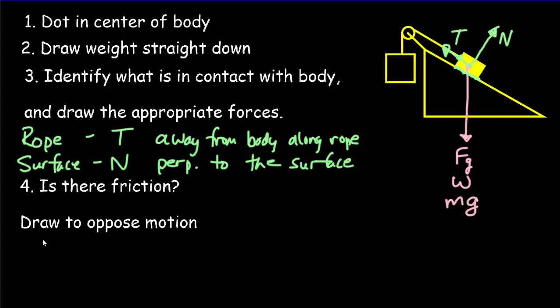Next step. Ask yourself, is there friction acting? And typically in the problem, they would tell you whether or not it's a frictionless environment or friction should be included. So let's suppose there is some friction. We know that our object's moving upwards, so friction must act to oppose that upwards motion, and it would go down the ramp.